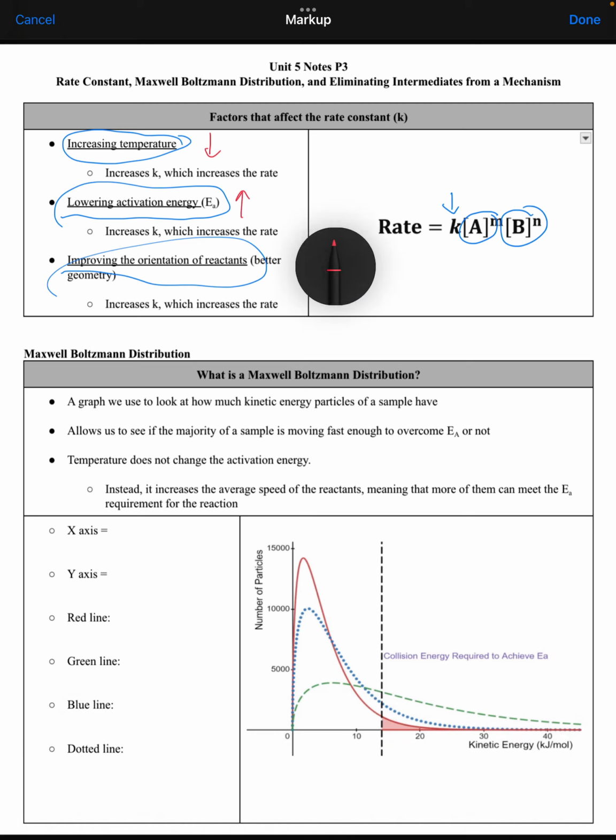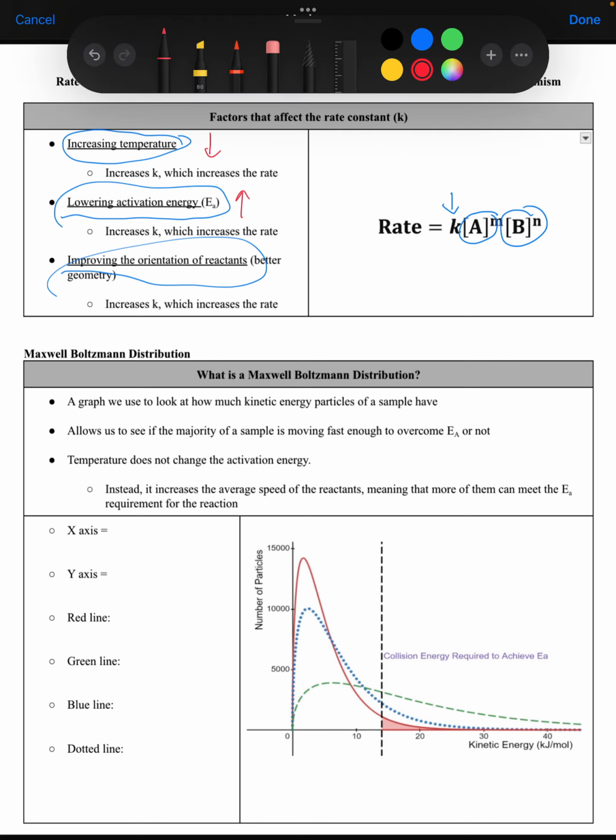The next thing I want to discuss is the Maxwell Boltzmann distribution, which is another way that we can look at reactions and their energy. Up until this point, we've been looking at potential energy diagrams, which look kind of like that, and we can track if those reactions are multi-step or single-step or endothermic or exothermic or what have you.